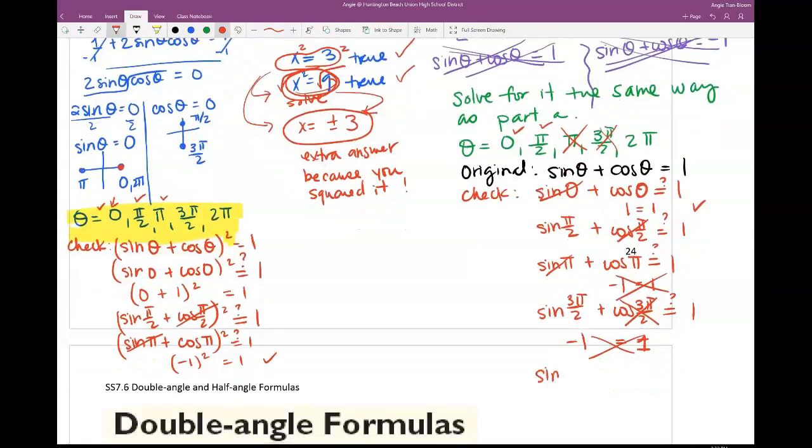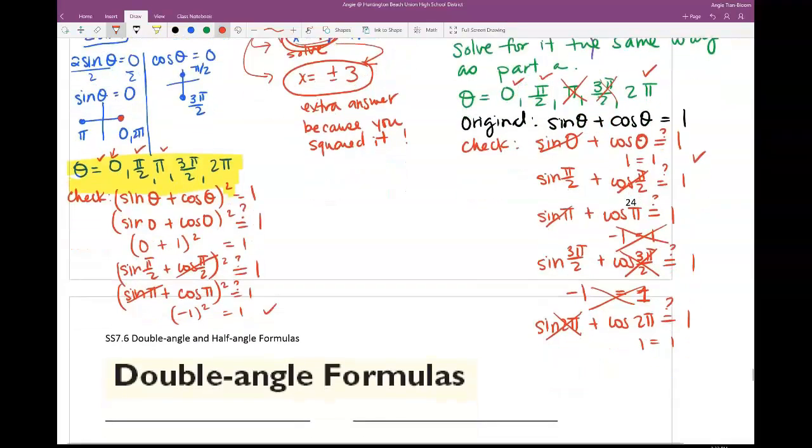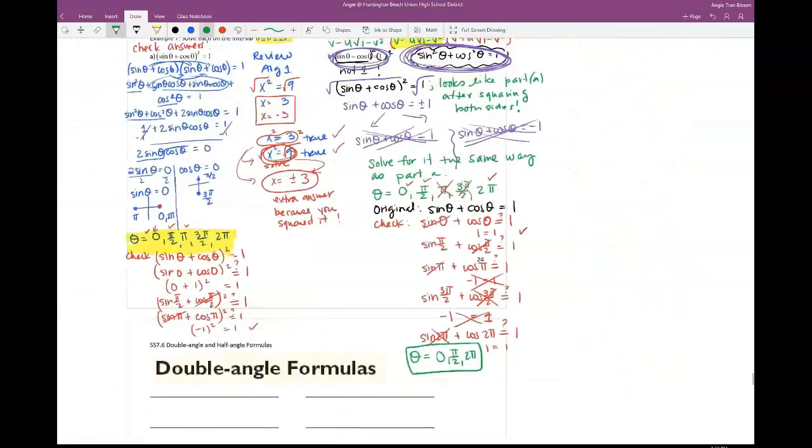Sine of 2 pi plus cosine of 2 pi equals 1? Well, this will work because cosine of 2 pi is positive 1. So this one, part A, has all 5 answers. What is going on with part B? There are only 3: 0, pi over 2, and 2 pi, and these are the only ones that you can keep. So let's see the difference, right?